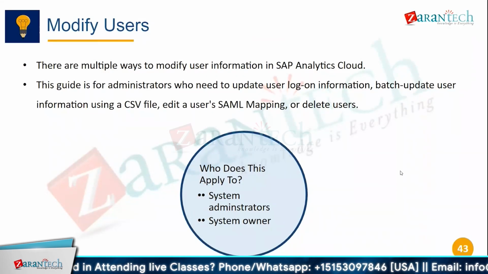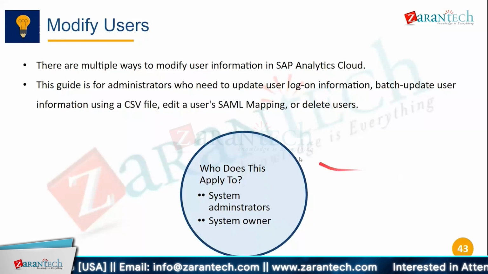Next we will see how to modify user information. In case you have a requirement to modify user information at a certain point of time, we should see how it's done. There are multiple ways to modify user information within SAC. You can use batch update, where you re-upload the CSV file to update the users' information.